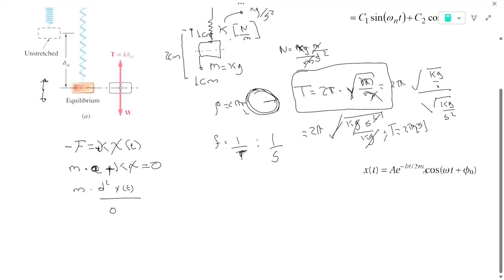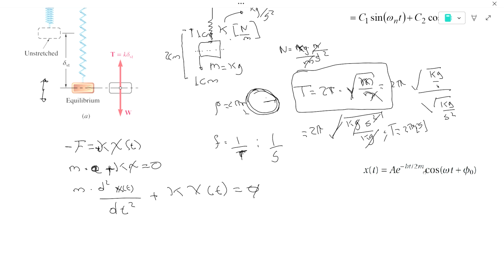So m times the second derivative of x with respect to time plus k x as a function of time is equal to 0. Okay, this is equal to 0 if the oscillation is just given because of the weight. If you change the weight, you put a new mass, this oscillation is given by the weight.